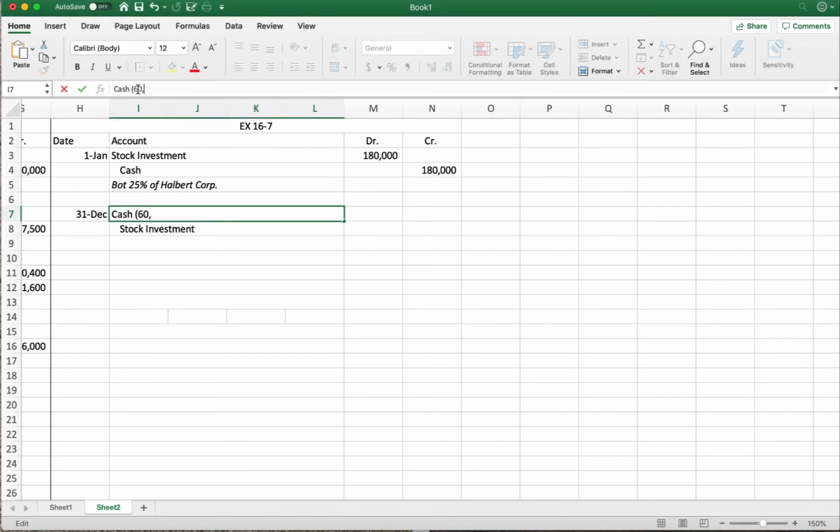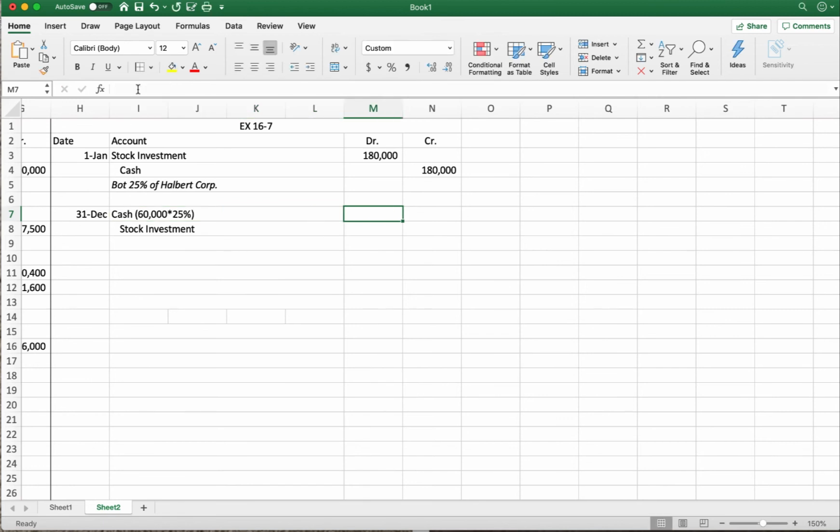So 60,000, the total amount of the dividend, times 25%. The amount of that should be $15,000. I need to credit stock investment $15,000.